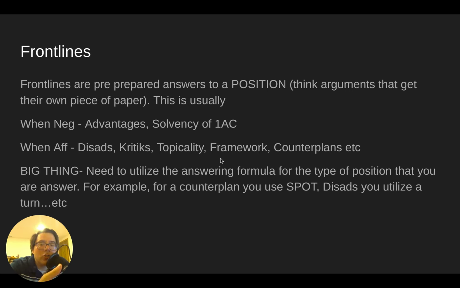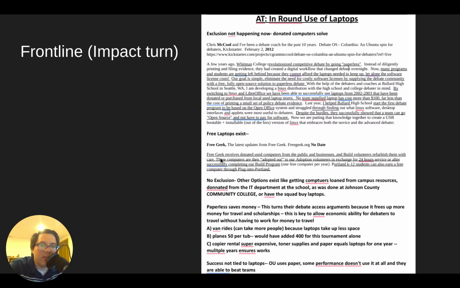So your 2AC front line to answer a counterplan should also follow the spot method. There should be solvency arguments. There should be a permutation. If you have offensive arguments or theory arguments, you read those as well. And then disads. Remember the videos about how you answer a disad. You would look for the offensive arguments that are there, and you would utilize them.